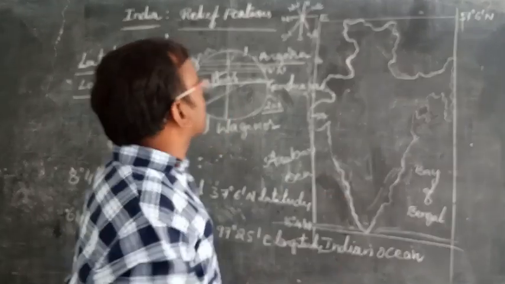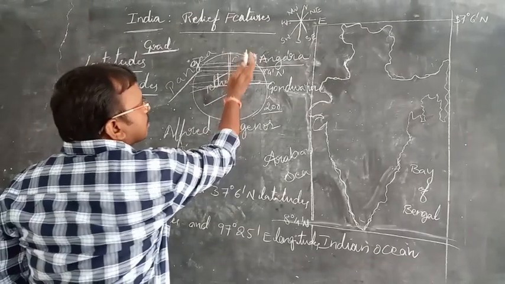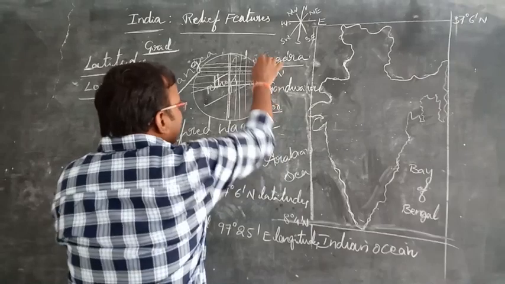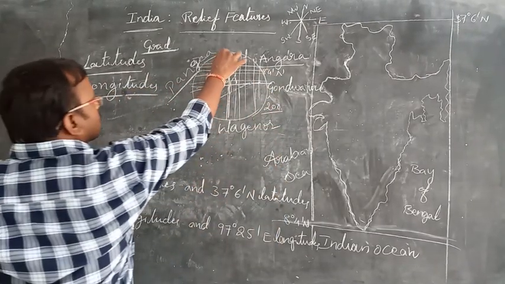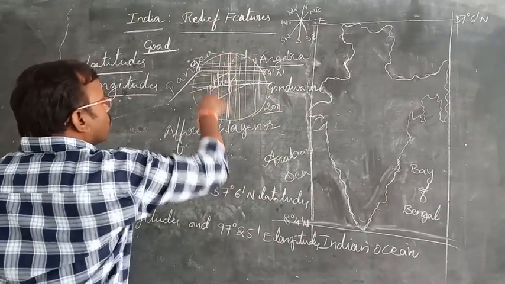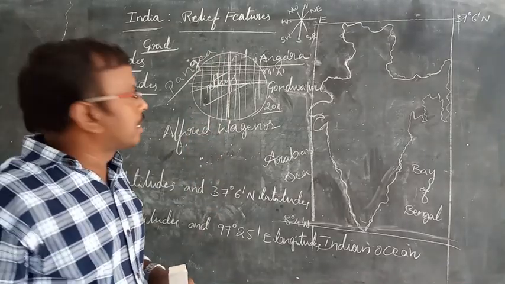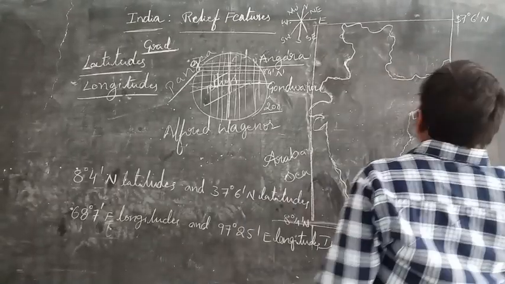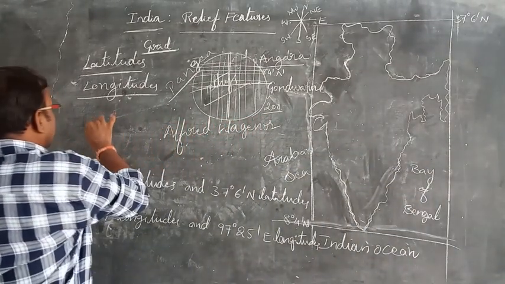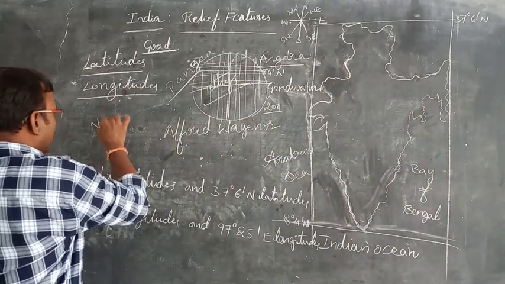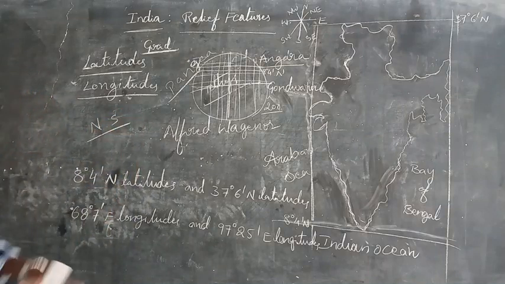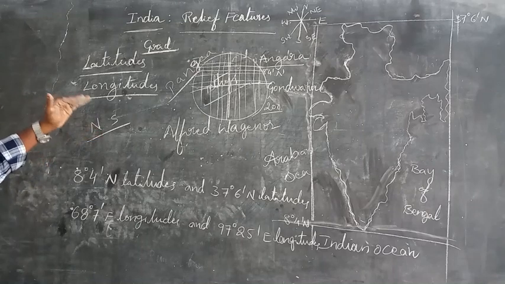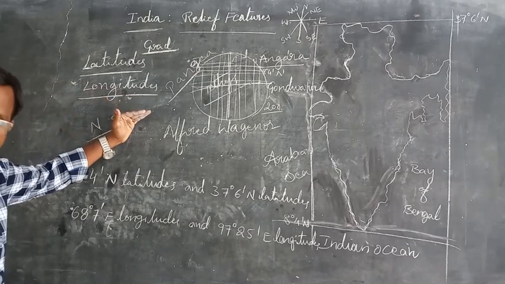Next, longitudes. This is the eastern hemisphere. The longitudes in the eastern hemisphere are called eastern longitudes. The longitudes in the western hemisphere are known as western longitudes. Here we should remember: when there is an N or S, these are compulsorily latitudes, not longitudes. Northern latitudes, southern latitudes.